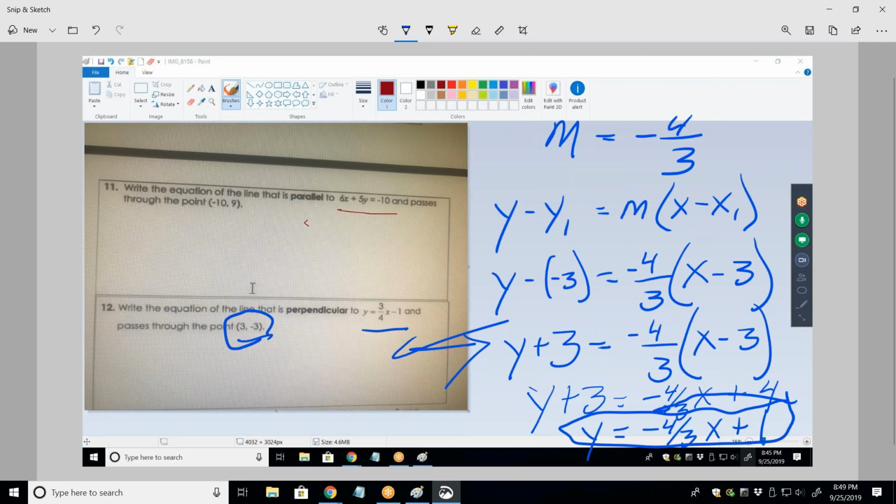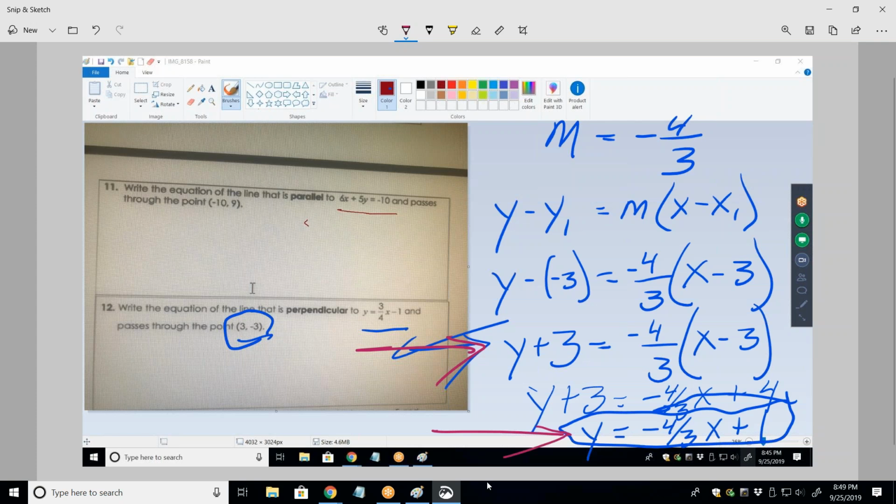You should be familiar with both methods and realize that they both give you the same equation of a line. By that, I mean that equation right there is identical to that equation.